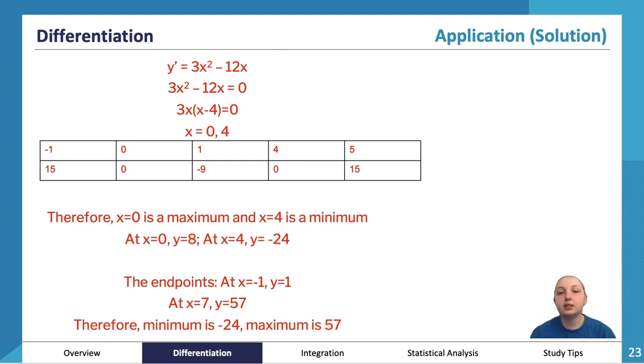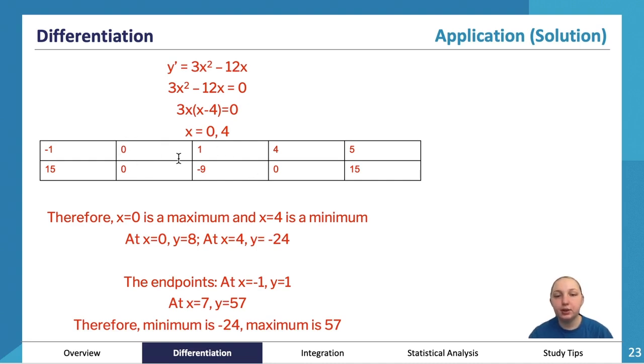Then, in order to find our stationary points, we're going to make this first derivative equal to 0, and we're going to solve. It's a fairly simple solve, so you get 3x by x minus 4 equals 0. And then your two solutions to that are going to be x equals 0 and 4. From here, we want to pop this into a table of values.